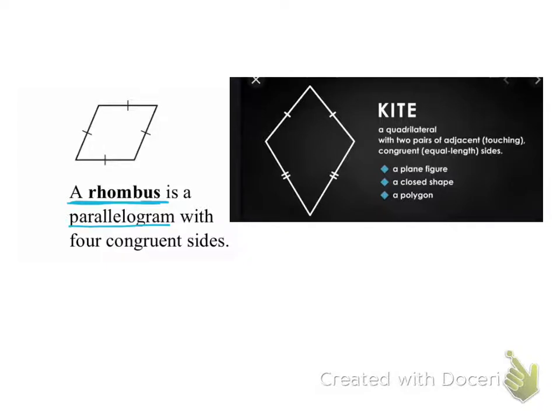Basic definition of parallelogram: opposite sides are parallel. If it is a parallelogram and has four congruent sides, then it becomes a rhombus. You can see this congruent to this, and at the same time this is parallel to this, and this parallel to this. That's why it's a parallelogram with opposite sides congruent, so it's going to be a rhombus.